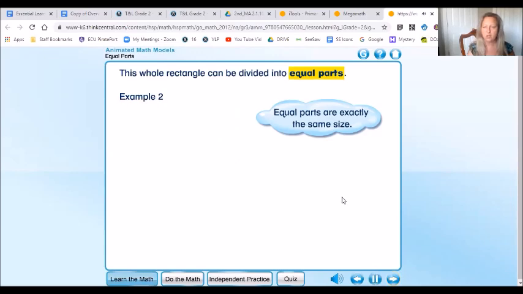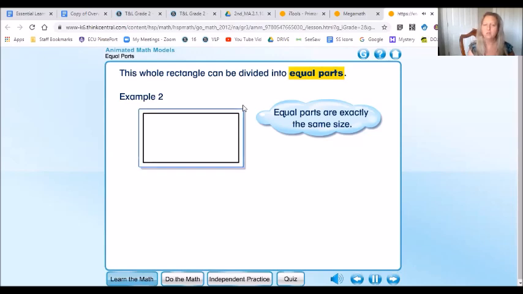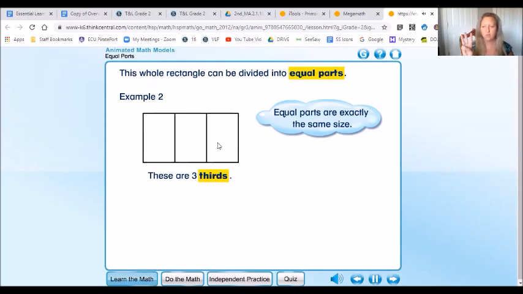Let's take a look at another example. Here's the same rectangle, but we're going to divide the rectangle a little differently. Now I am going to divide my rectangle into 3 equal parts. Can you think of the word that we would use when talking about fractions of 3 parts? Thirds. And here we have 3/3.